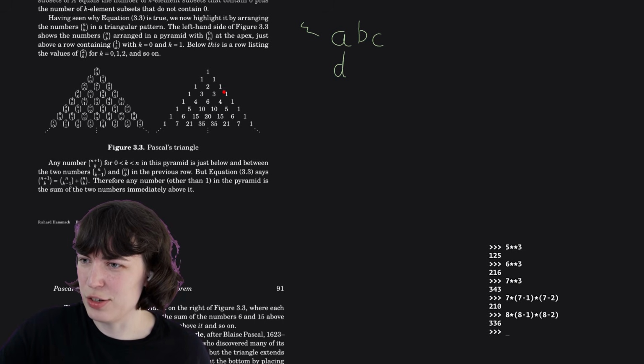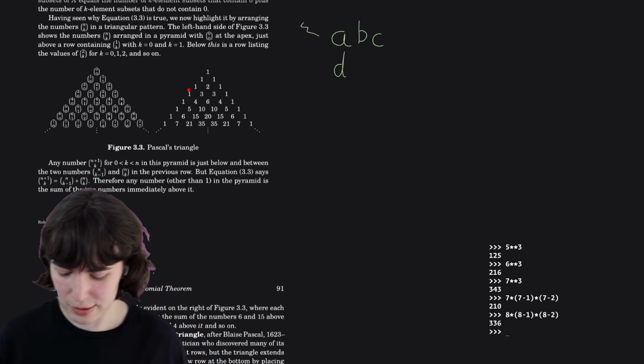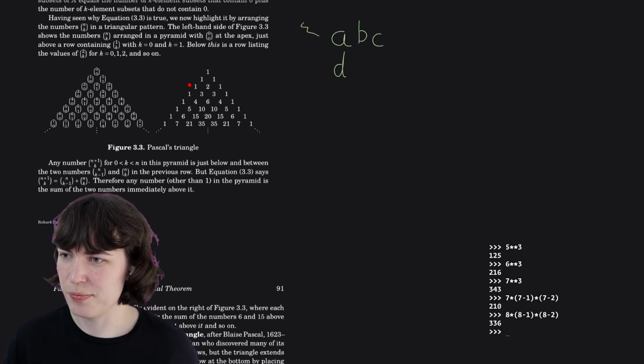This triangle's just for illustration, I guess. Oh no, this is the count. This is the result of n choose k. Like 2 choose 1 is 2. Fine. Now, this is that equation, right?